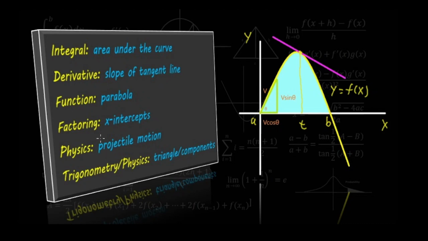Okay, now next, factoring. Of course, if we factor this function, this parabola, and set it equal to 0, we can find the x-intercepts here. So based on this, the x-intercepts would be a and b here.